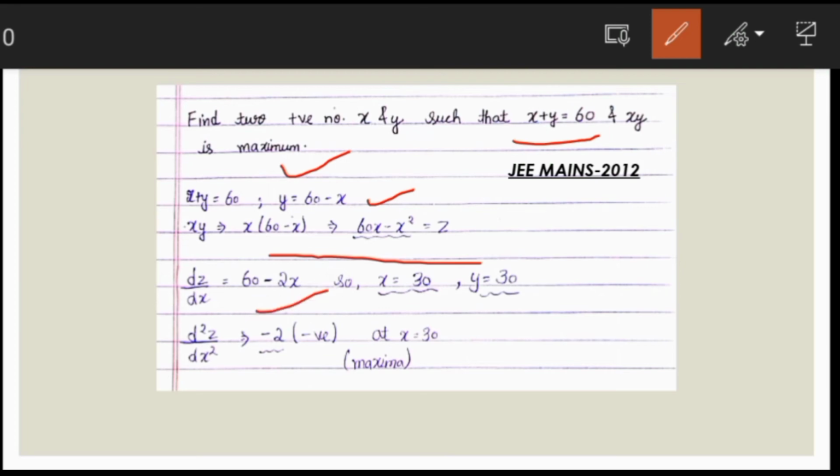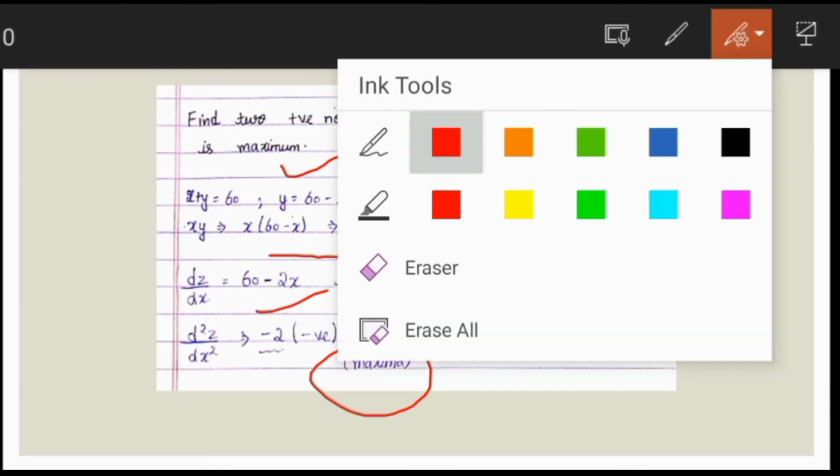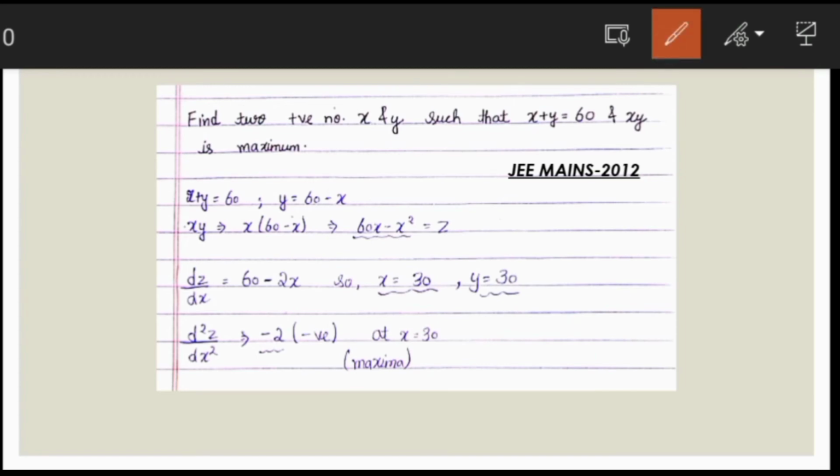X plus y is 60, so y is 60 minus x. So x into y can be written as x into 60 minus x, which is 60x minus x square. We let it be z. The differentiation of this function will be 60 minus 2x. So x is 30, and putting it in x plus y is 60, y will also be 30.